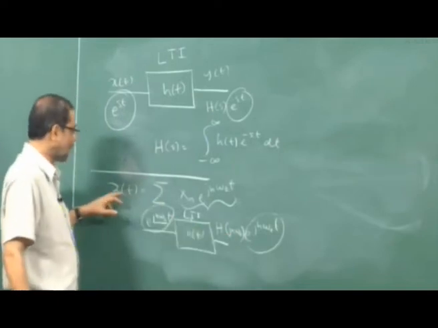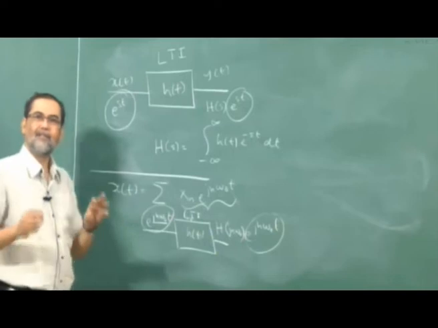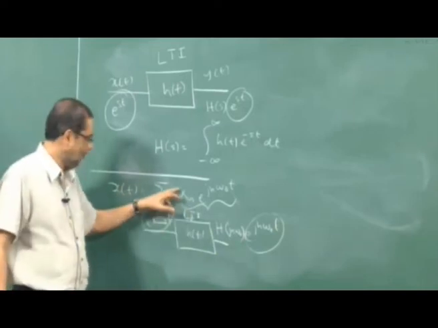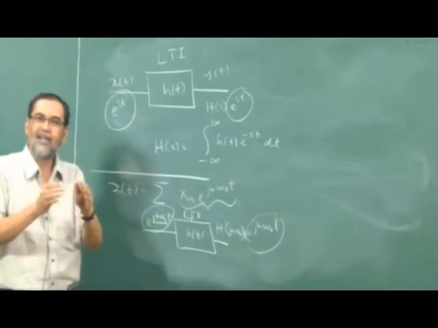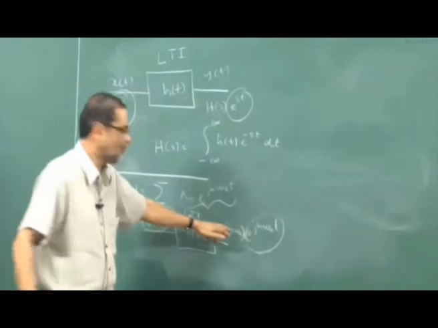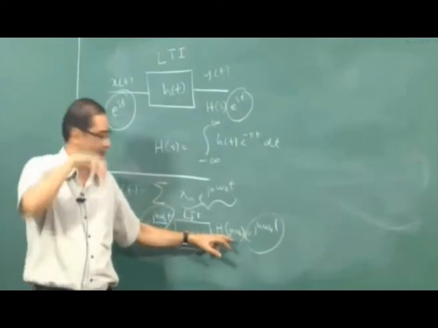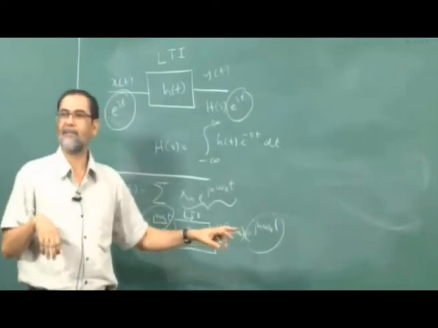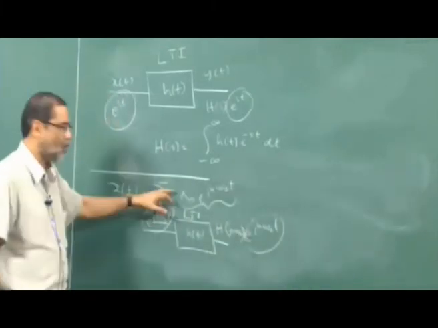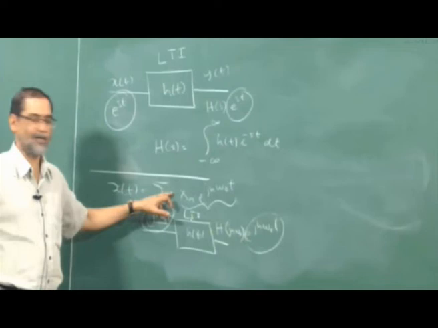Okay. So if x of t is periodic, then the Fourier series theory says I can write it in this form. If I feed each individual complex exponential, I get each individual complex exponential at the output with the appropriate scaling factor. Because the system is linear, I can now apply a combination of these complex exponentials.